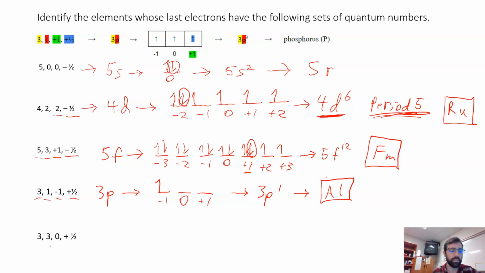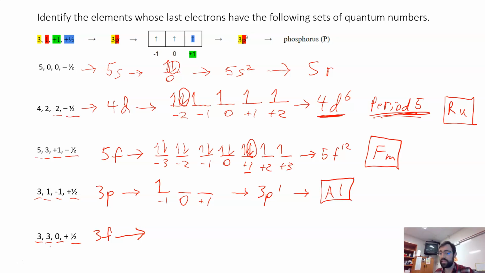Finally, we get to this one, which is a little tricky. 3, 3, 0, positive 1/2. So I have 3, and then S, P, D, F. So 3F. All right, here's the tricky thing. Is there such a thing as a 3F sublevel?